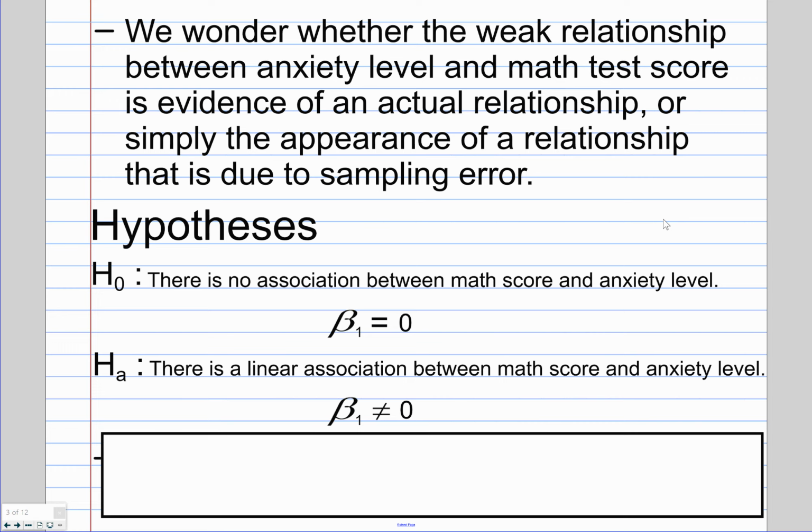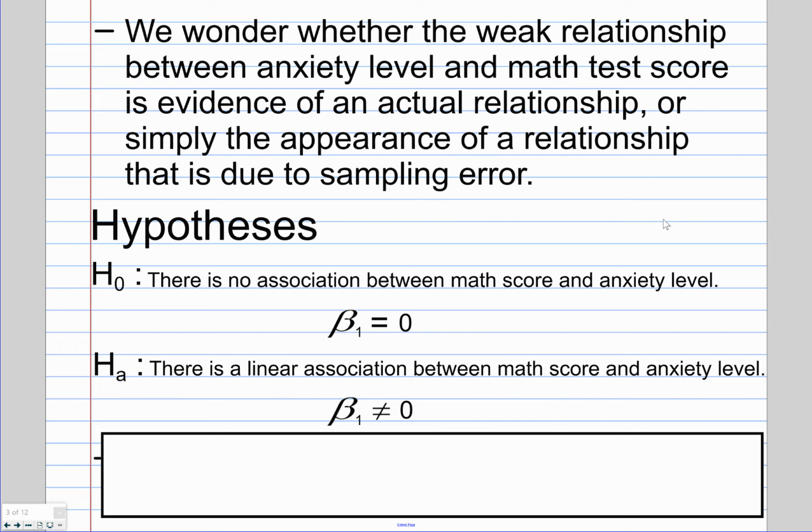So the null hypothesis, if you're doing a linear t-test on the AP exam in a couple weeks, will always be that there is no association between your two variables.